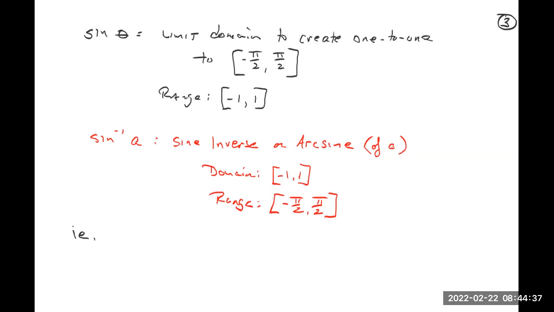So, as an example, if I asked you about the sine inverse of square root of 3 over 2, sine, remember, is analogous to the y, right?